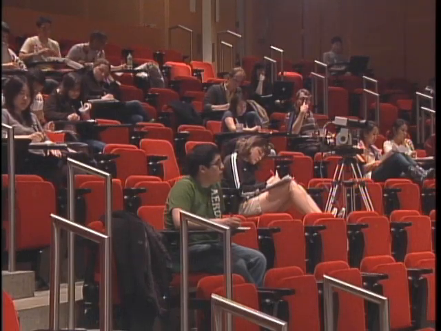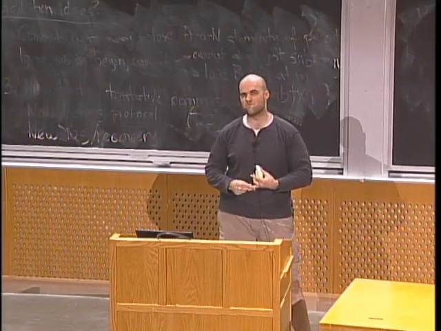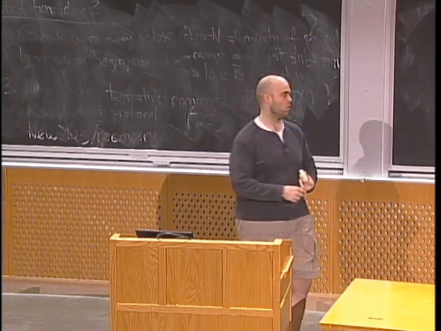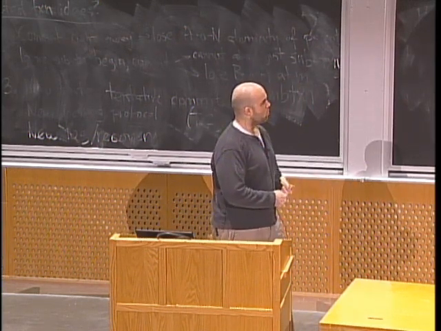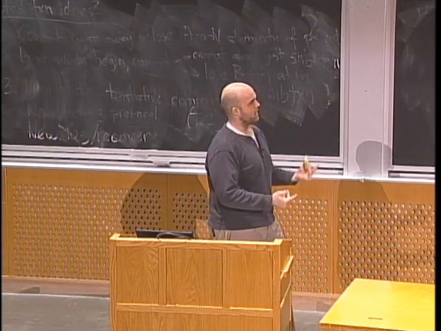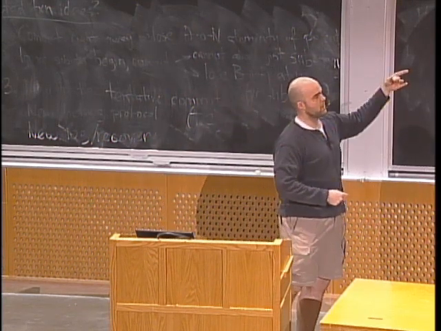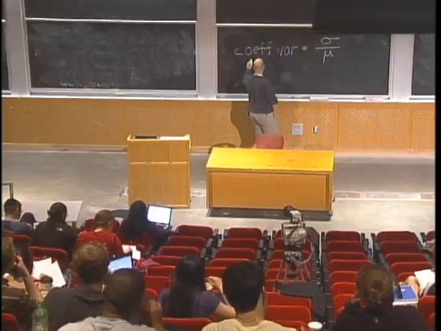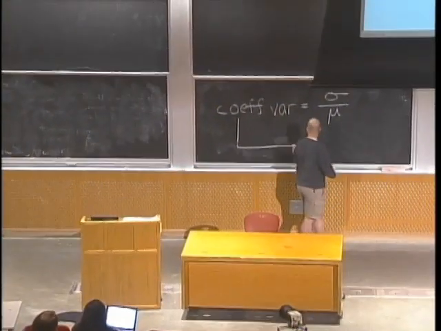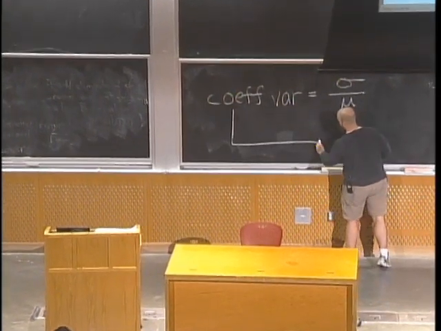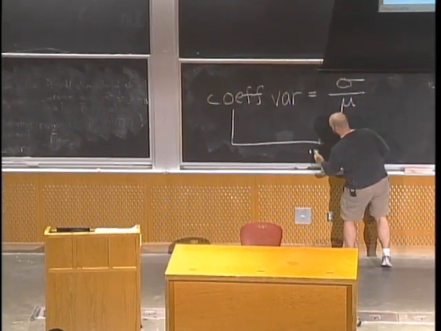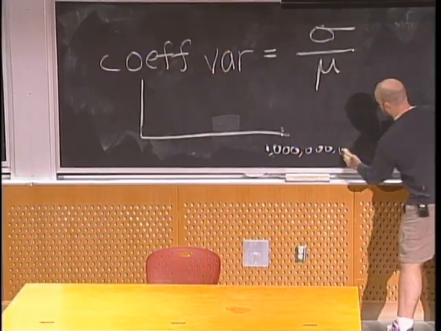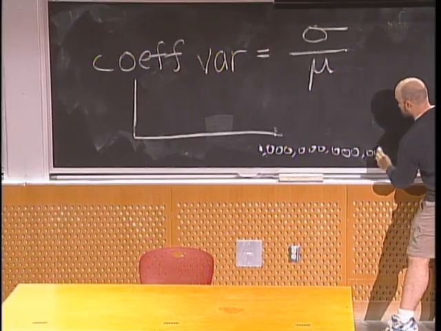So it's another way of telling if your distribution is very widely spread. What it's getting at is, it's trying to help you compare your standard deviation against your mean, because let's say that I have a distribution and its mean is a very large number.